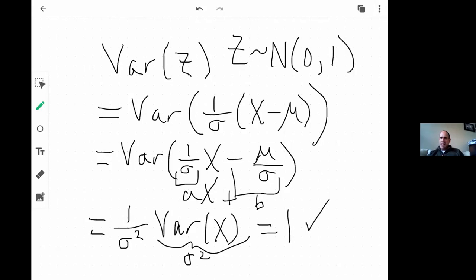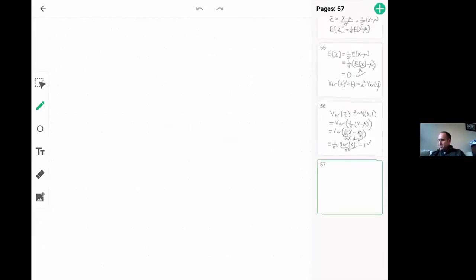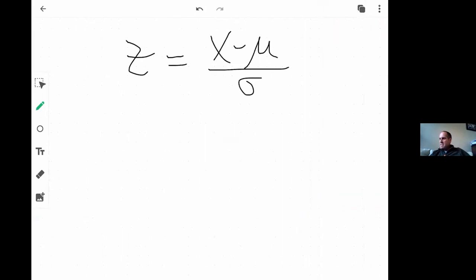If z is related to x by the formula x minus mu over sigma, okay? So another thing I wanted to point out was the following. This stuff is just critically important to understand what's coming down the pike here. So that's why I'm spending some time on this. Again, z is equal to x minus the mean divided by sigma. That's the same thing.